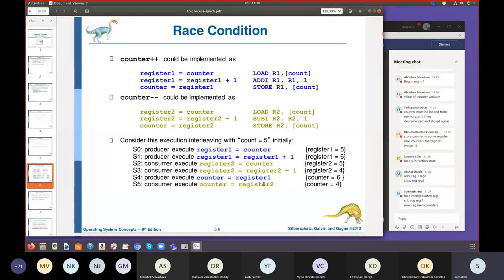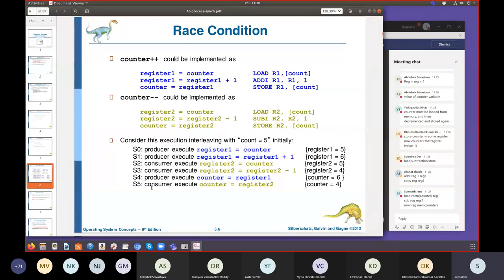Here the final value of the counter depends on the exact order in which these instructions ran. So there are 6 instructions, right? The exact order in which these 6 instructions will run will decide the value of counter. And it is kind of non-deterministic, as in different orders of execution can lead to counter having different values.